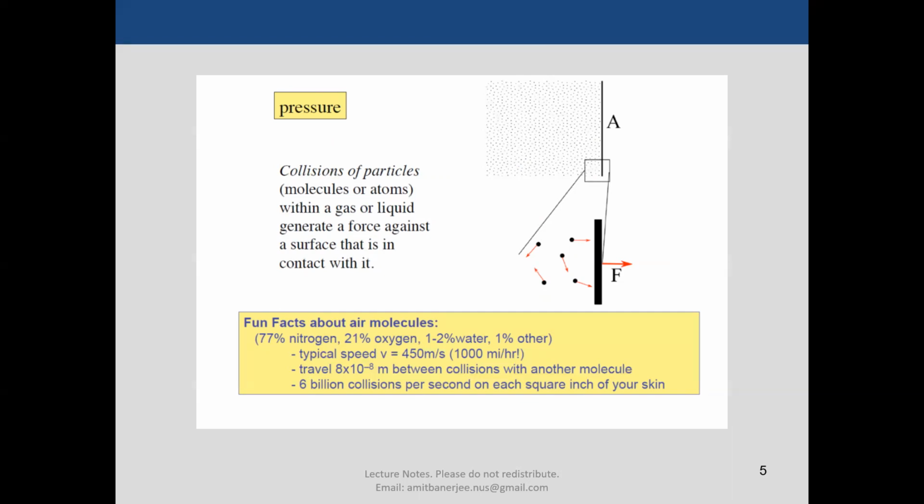In standard air, you have nitrogen, oxygen, water, and some other molecules, with most of them having a typical speed of 450 meters per second, which is a lot. And they travel and collide with each other a lot of times. In 1 square inch of any area, maybe your skin, it hits almost 6 billion times. That gives rise to the air pressure that we generally talk about.